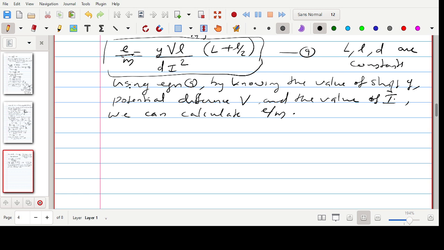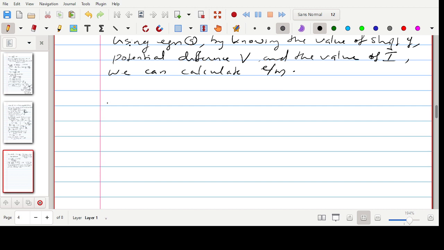Now you need to calculate the double integral I. Now we see how to calculate the double integral. Evaluation of double integral I. How can we evaluate the double integral I?